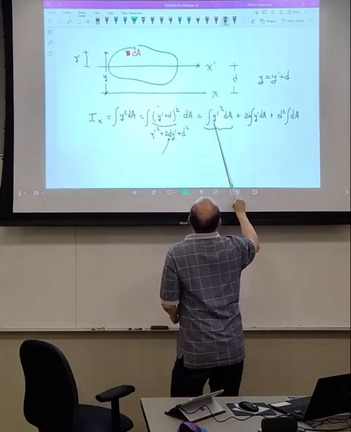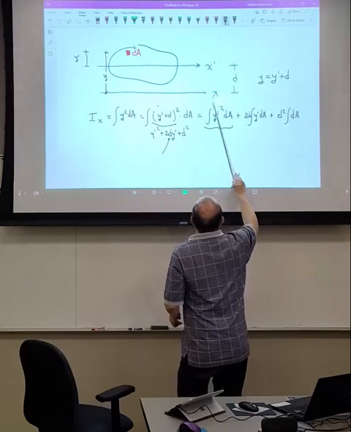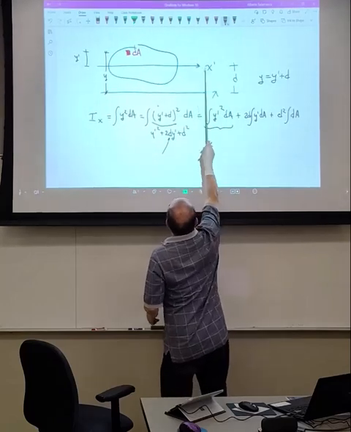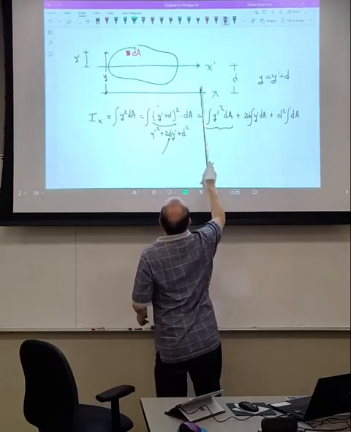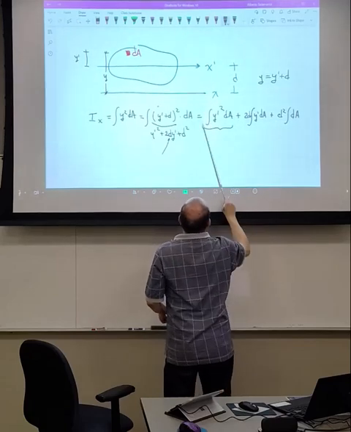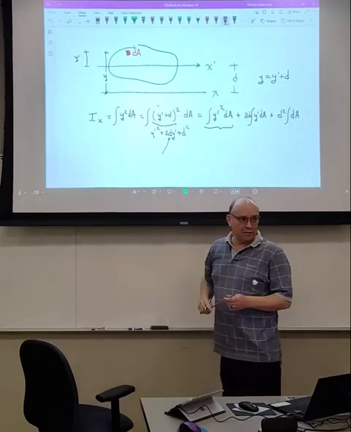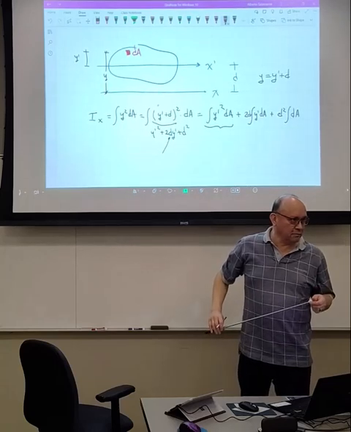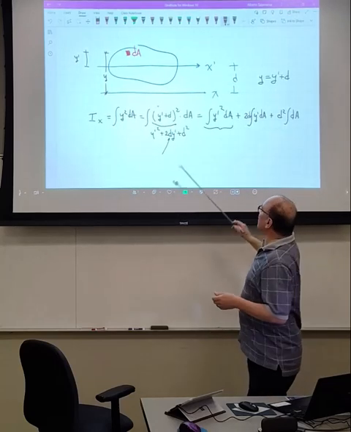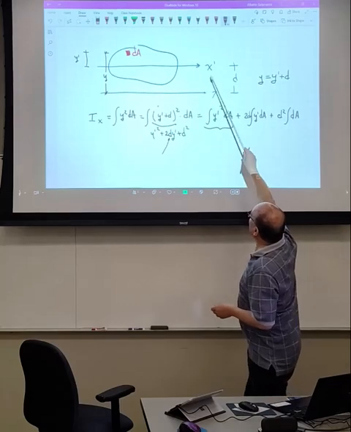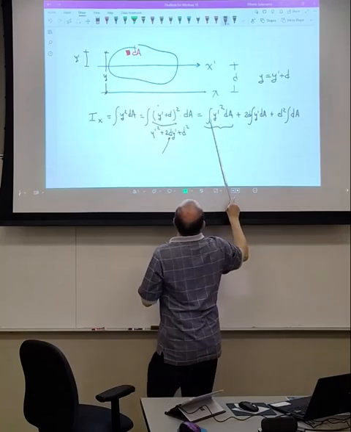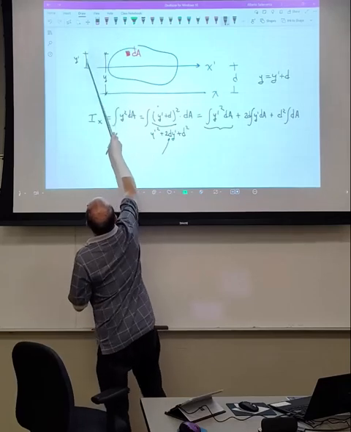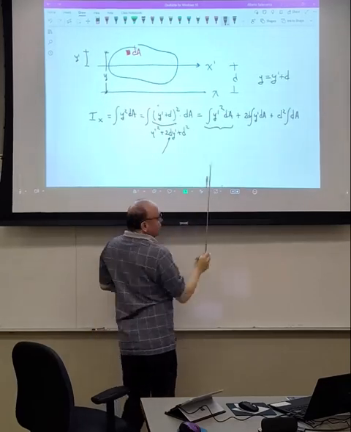If I have y prime squared dA, this is the moment of inertia with respect to this axis, not this one. You see the form of the formula? Got it? This is the moment of inertia with respect to this axis. This is the integral of y prime squared dA.